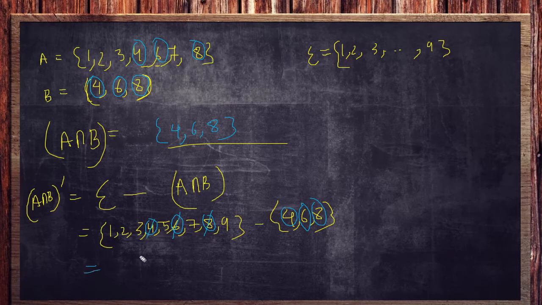You don't have to cut this in your sums, I am just showing you to give you a better idea. All you have to do is neatly and cleanly do the sum. So 1, 2, 3, 5, 7 and 9. These are the values we got for A intersection B whole dash. Very simple one, no issue with that.